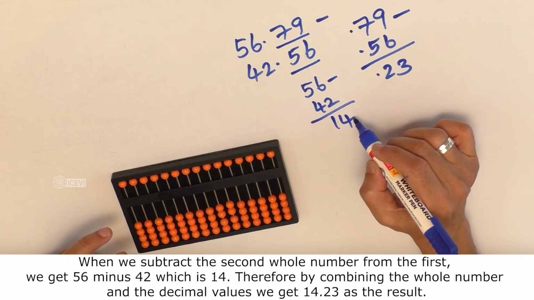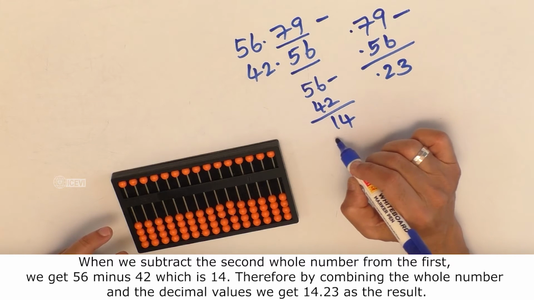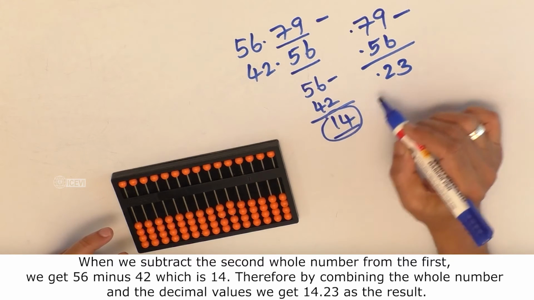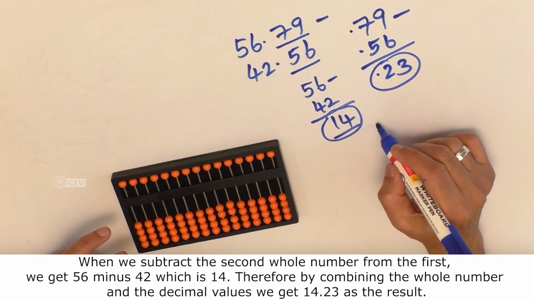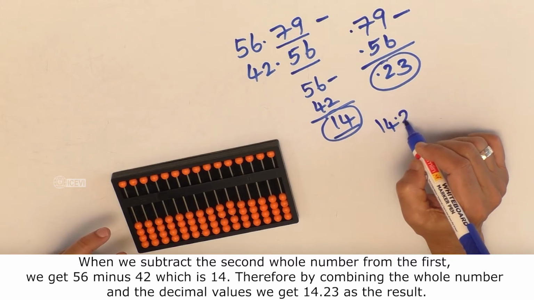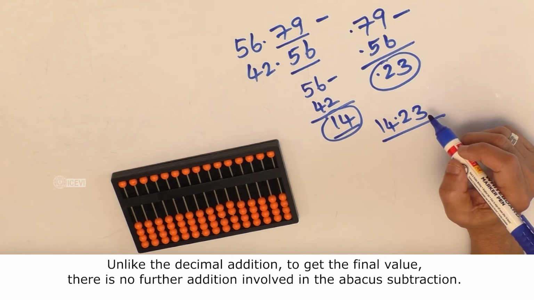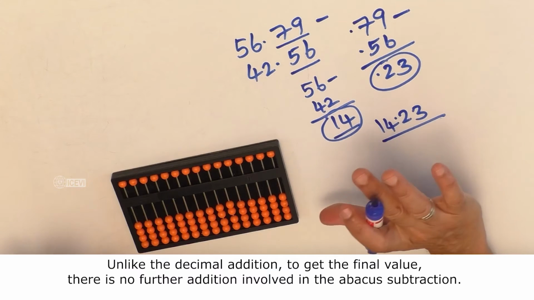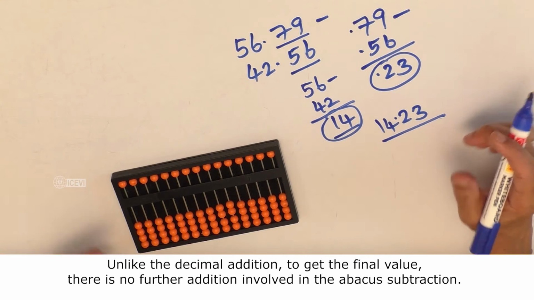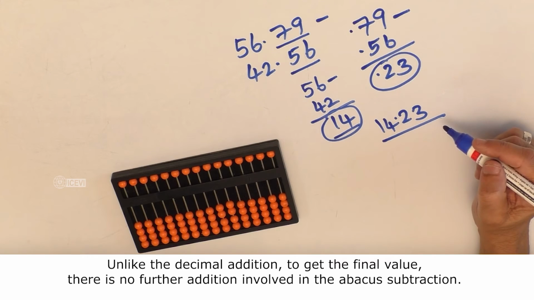Therefore, by combining the whole number and the decimal portion, we get the result as 14.23. Unlike the decimal addition, to get the final value, there is no further addition involved in the abacus subtraction.